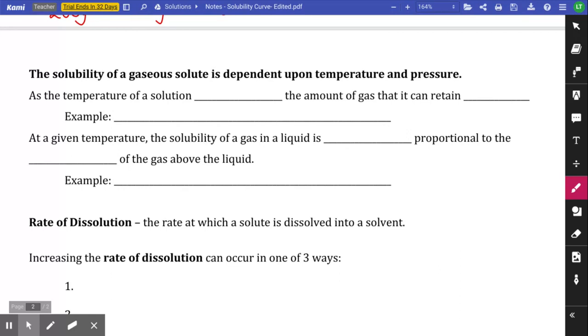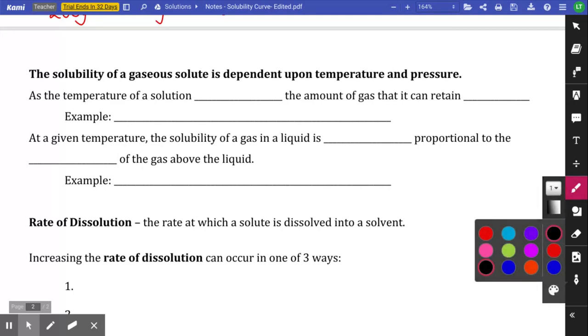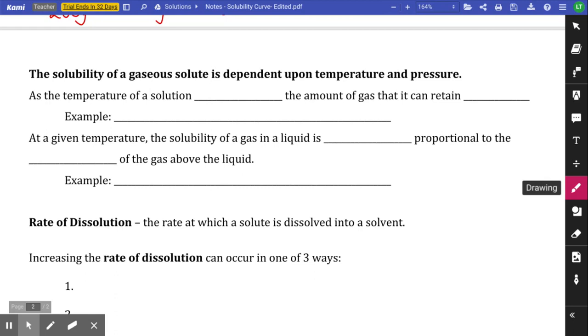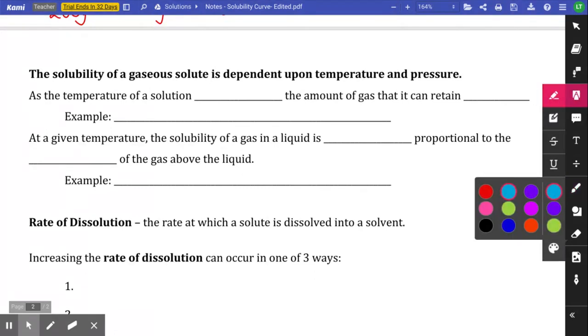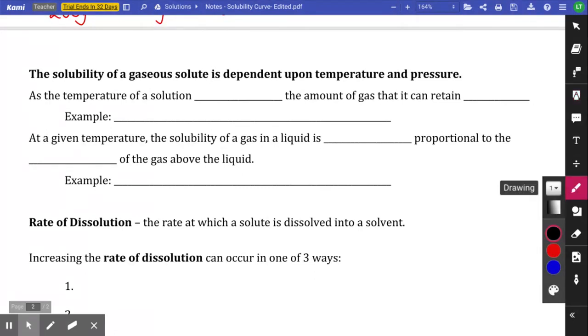All right, so we kind of hinted earlier, we talked about how gases are affected by temperature and pressure, whereas solids are just affected by temperature. So I do actually want to go ahead and define how it affects gases. So for gases, as the temperature of a solution increases, the amount of gas that it can retain is going to decrease.